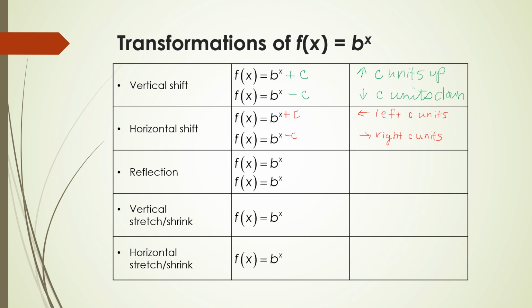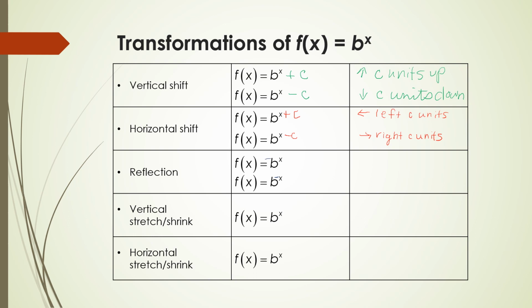Now if I have a reflection, that means I'm going to either have a negative going in front of the b, or I'm going to have a negative going in front of the x.